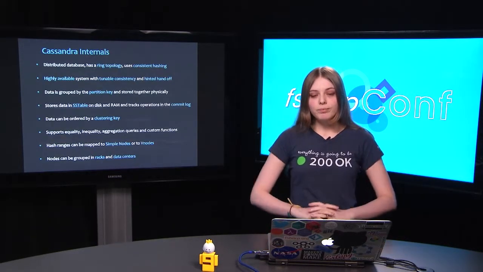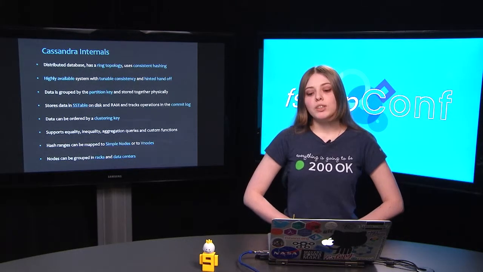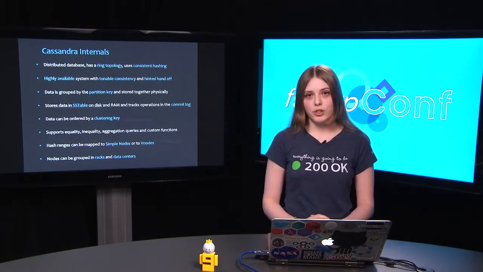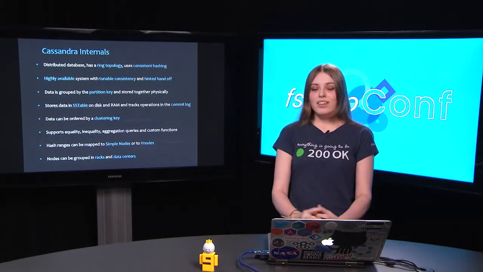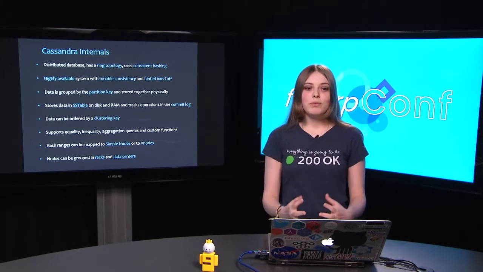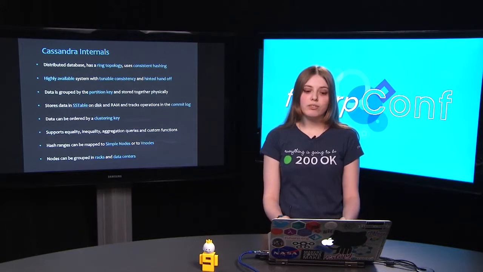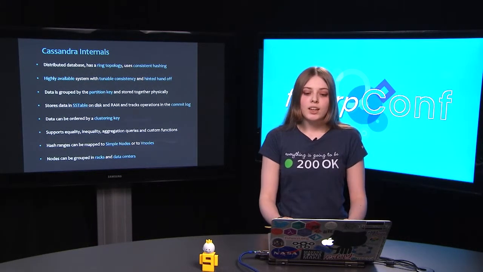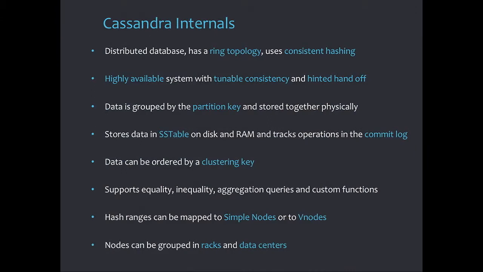So that's why I must tell you about important aspects of internal Cassandra architecture. And I think you'd love it because it's very much similar to the concepts of functional programming in a lot of ways. So first, Cassandra's nodes are formed in a cluster as a ring topology.